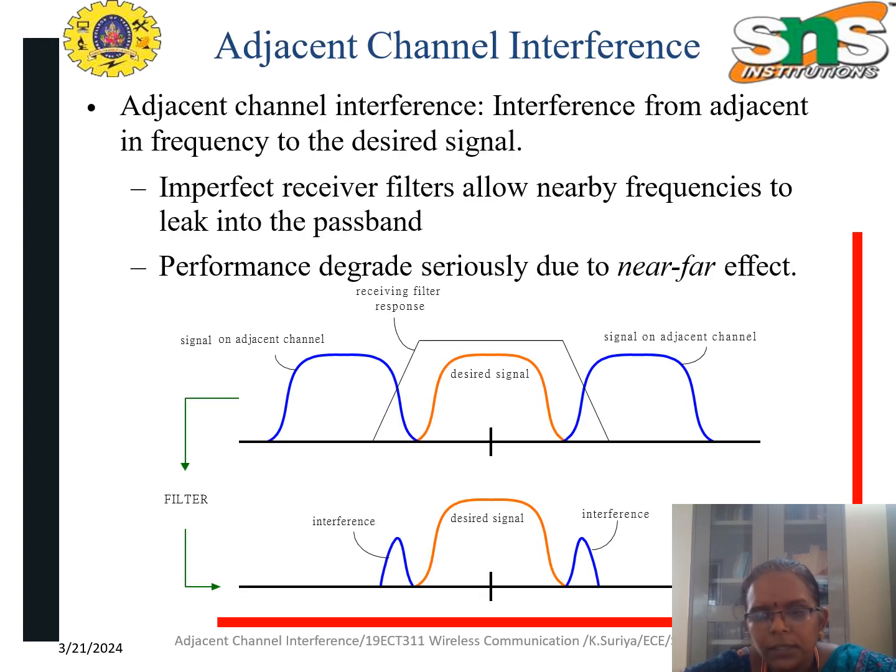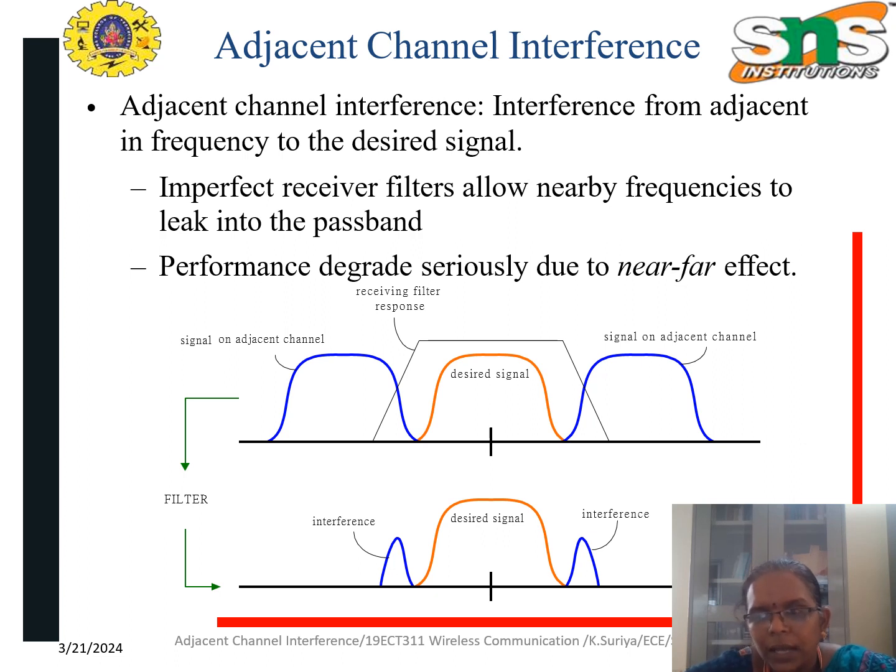Adjacent channel interference is the interference caused to the signal which is adjacent in frequency to the desired signal. Imperfect receiver side filters allow the neighboring signal to mix with the actual pass band. If adjacent channel signal strength becomes strong, it will be difficult for the base station to differentiate the actual mobile signal from the strong mobile signal.